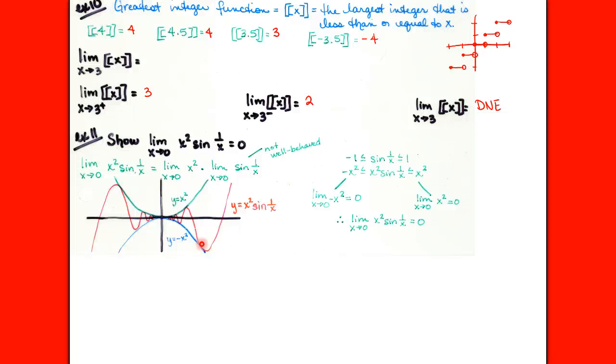That's all they're saying. So if you have one function that's larger than another or that's above another on the y-axis, then the limit of the higher function would be larger than the limit of the lower function as well, right?